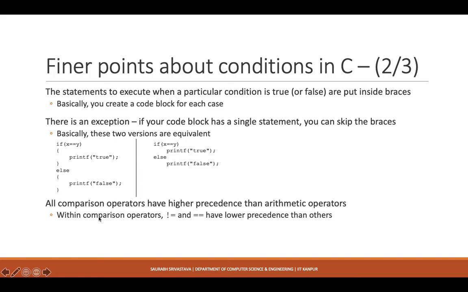Let me just rephrase this. All comparison operators have lower precedence than arithmetic operators, and within the comparison operators, not equal to and double equal to have lower precedence than the others.